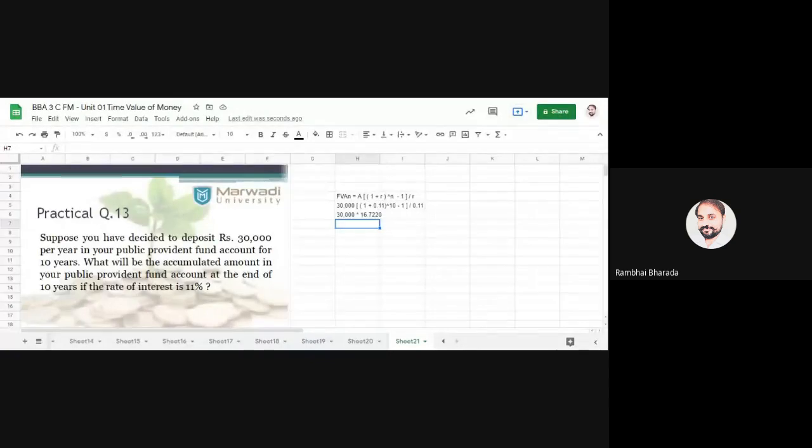Can you tell me? 16.7220. Now this is your step number 2. Do the multiplication: 30,000 into 16.7220, and I guarantee your answer will be 5,01,660.